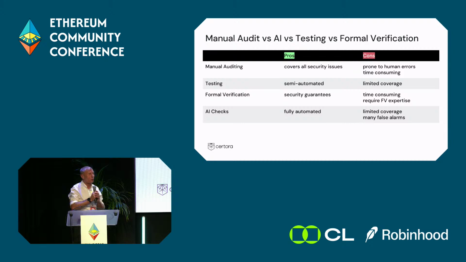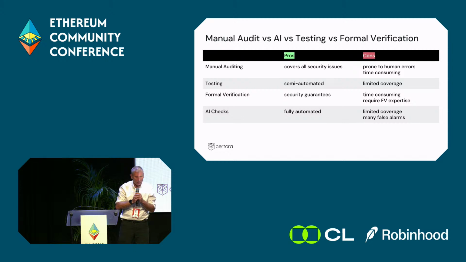So maybe just talk about what people use for security. Obviously, people are using manual auditing. This is the standard. And we know that auditors can find a lot of issues. But the problem is auditing is a human process, so it's error-prone, and it could be expensive and time-consuming. Testing and fuzzing are great.